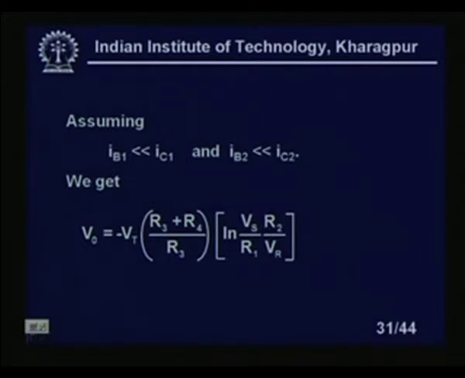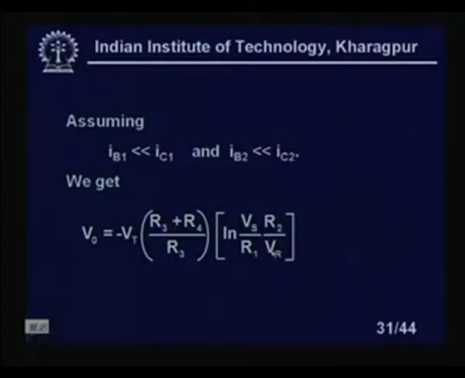So, obviously you can see that if I assume R1, R2 and Vr are all constant, the only variable here is Vs, because Vt is also constant for a particular room temperature. So, you can see that V0, if I assume R1, R2 and the reference voltage Vr are all constant.